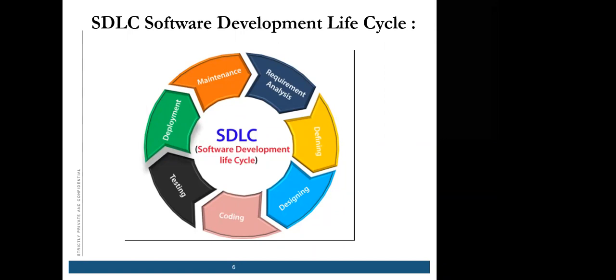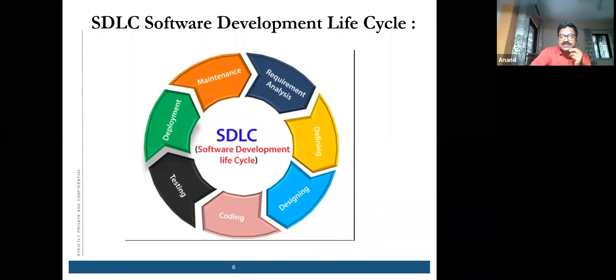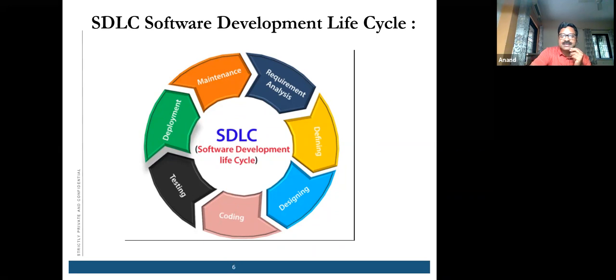So at the high level, we have two things. One is BRS, business requirement specification document, and the other one is software requirement specification document. Right? So the business requirement document will be more in a business angle, whereas the software requirement specification will be more in a technical way.